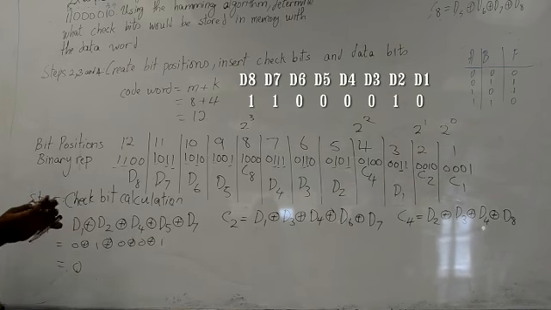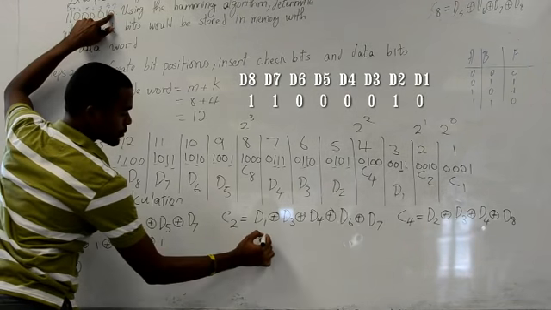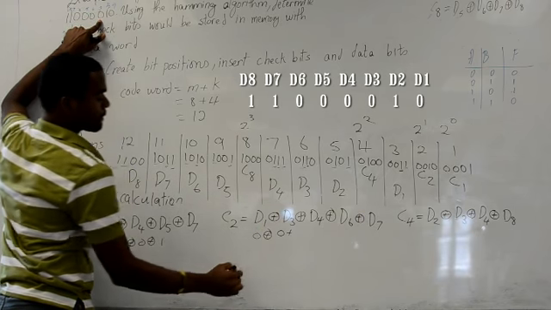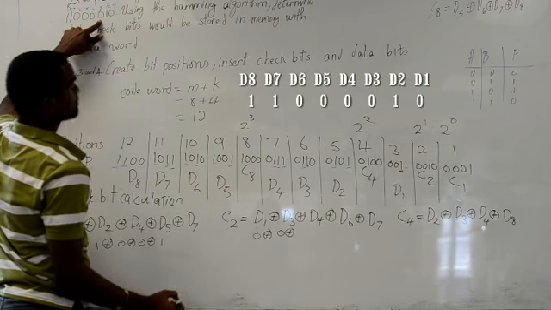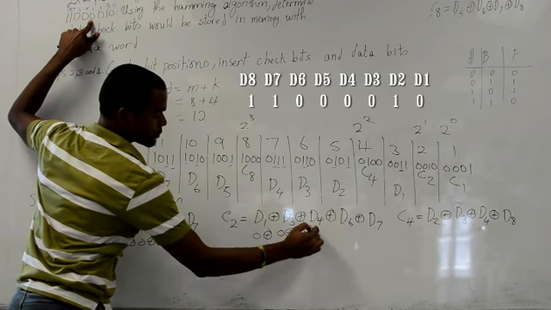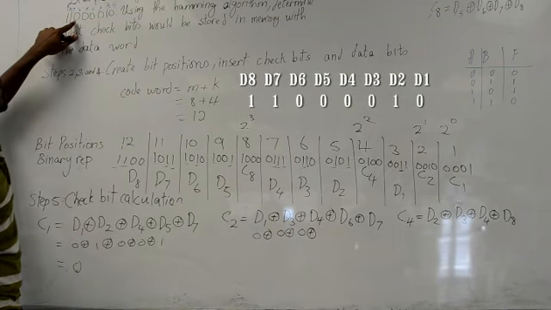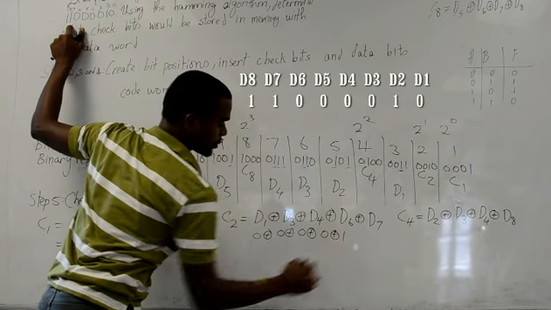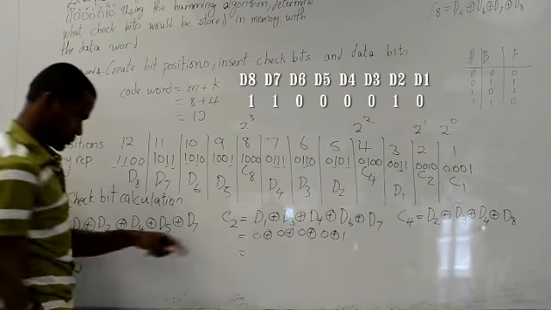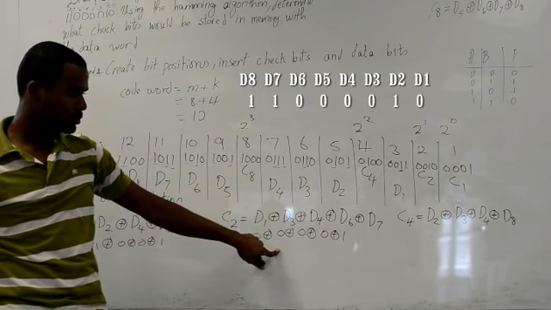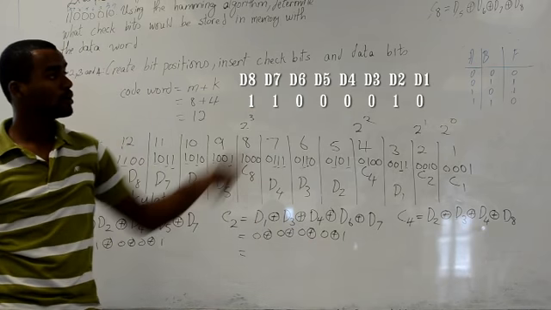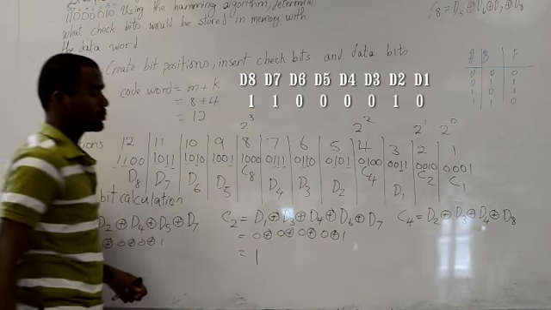Check bit 2, you have data bit 1, data bit 3, 4, 6, and 7. So 0, 0, 0, 0, 0 exclusive OR 1 gives us 1.